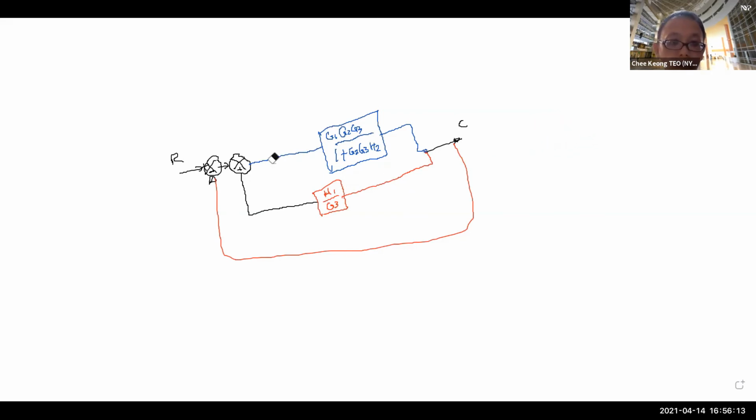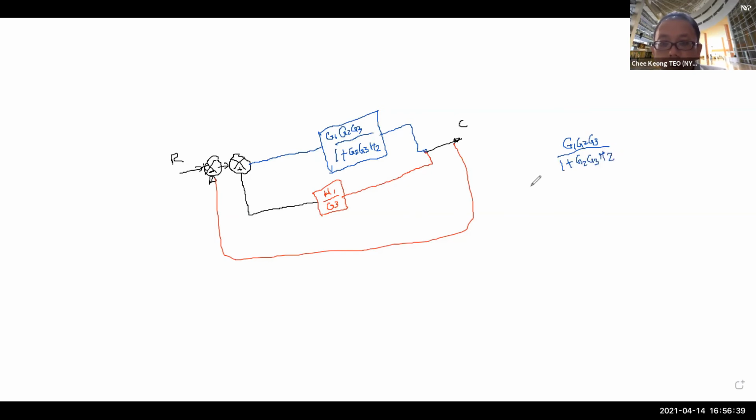Now you see, look at this. Again, it is a feedback, but this time around it's a positive feedback. Now we can use rule 8, positive feedback. You take the G, which is G1, G2, G3 over 1 plus G2, G3, H2.